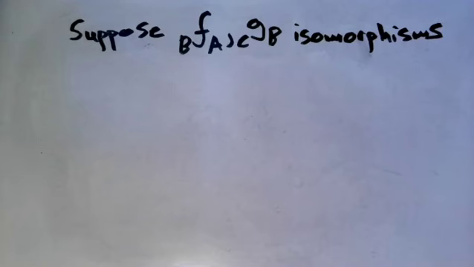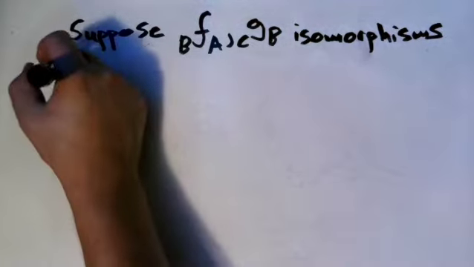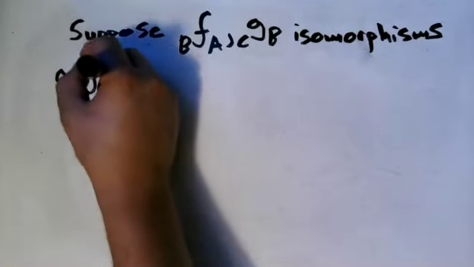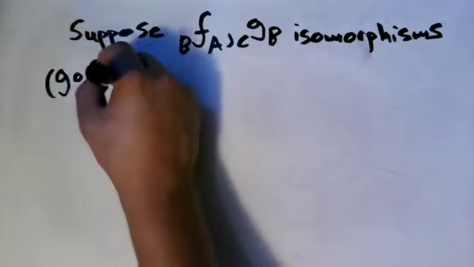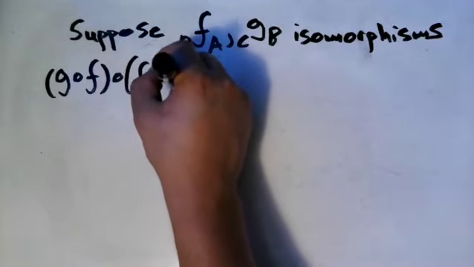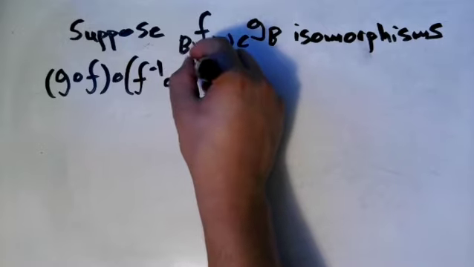One important thing to note is what happens when we compose isomorphisms. So suppose we have f from A to B and g from B to C, which are both isomorphisms. Then of course we can compose those two to give us g after f. And let's try composing both of those with f inverse after g inverse.